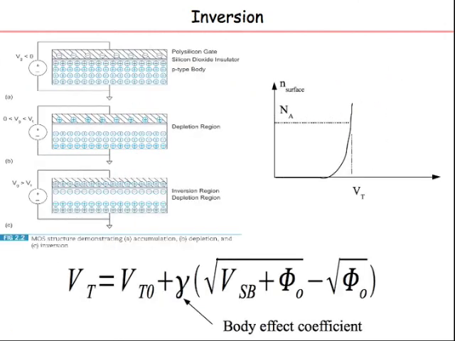So in this graphic, what we are showing is the concentration of the electrons at the surface region, just below the interface, as a function of the gate voltage. On the x-axis is plotted the gate voltage, and basically the concentration grows exponentially. That is why you see this hockey stick.